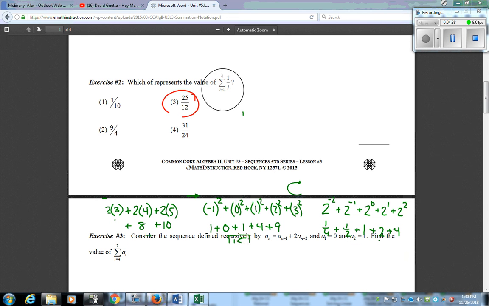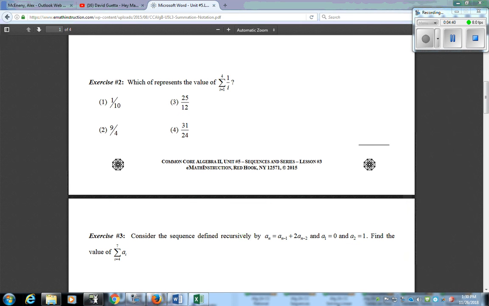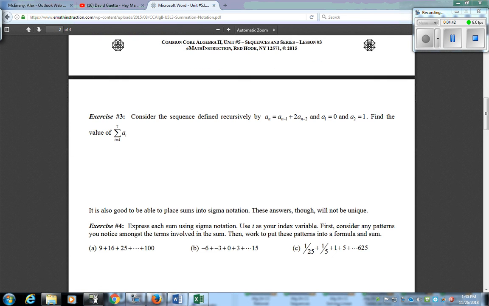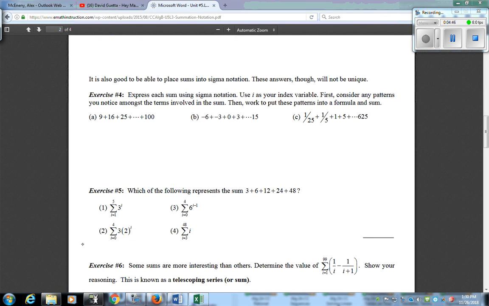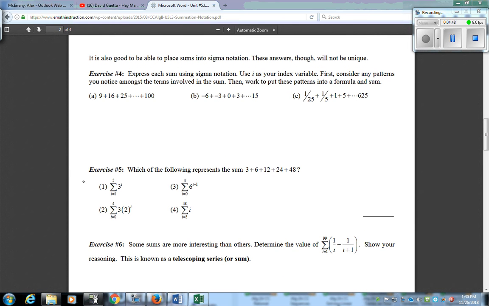So I'm going to go ahead and erase this. So we're going to look at exercise 4. And exercise 4 wants us to express each using sigma notation.